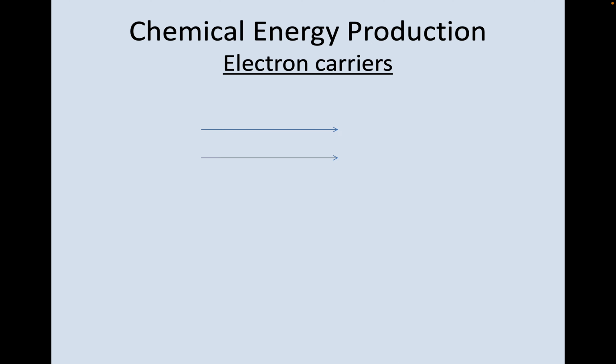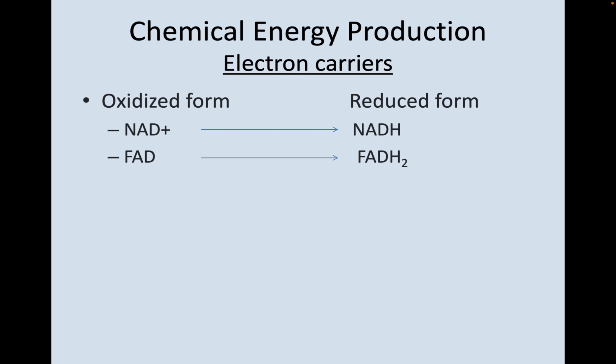All right, so let's talk more about electron carriers. Some common electron carriers you'll see in this class are NAD+. It can be reduced into NADH. And also FAD can be reduced into FADH2.